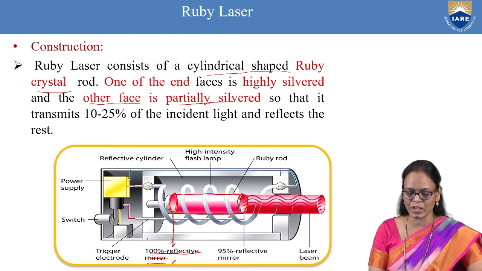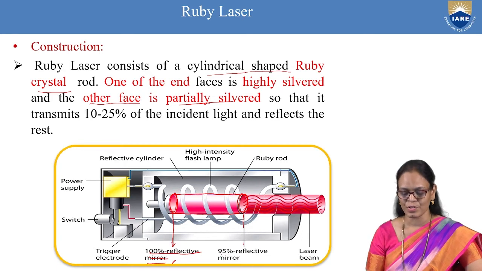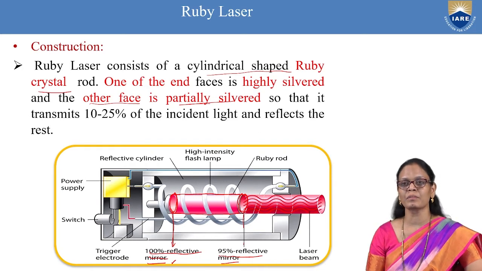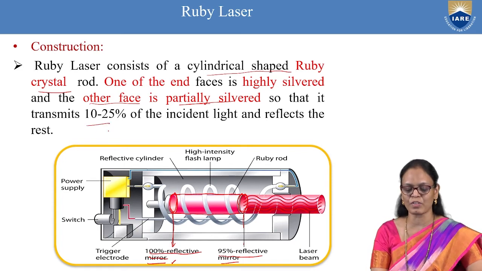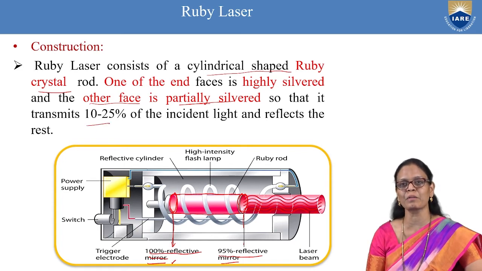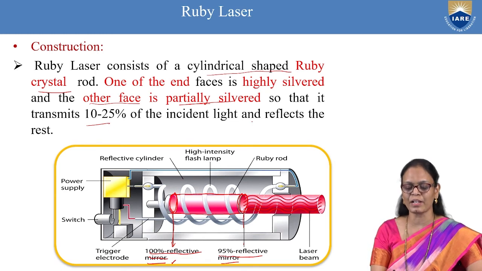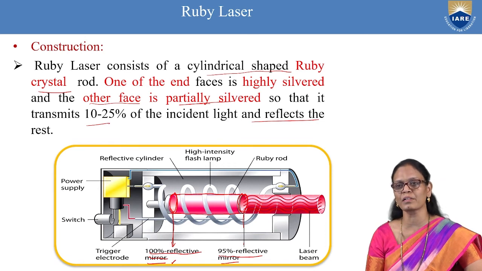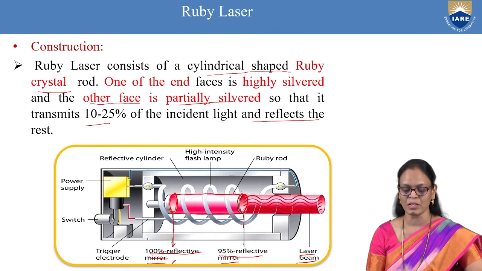This is the other face. It is partially silvered, so it is only reflecting 95%. Why we are doing this partial silvering is, it will transmit some small percentage. If it is 90%, it may transmit 10% of the incident light and reflect the rest. So here you can see the laser beam output from the partially silvered face.